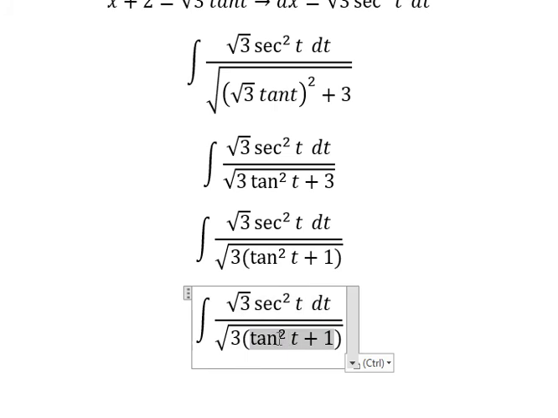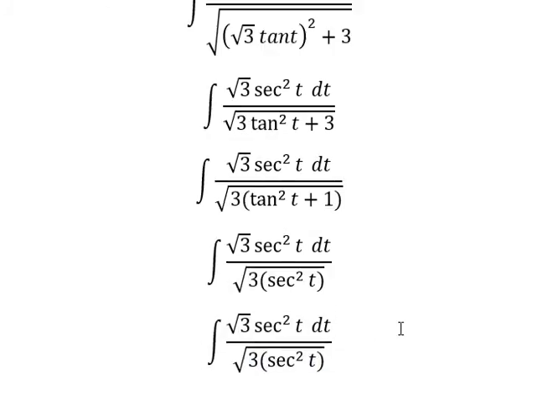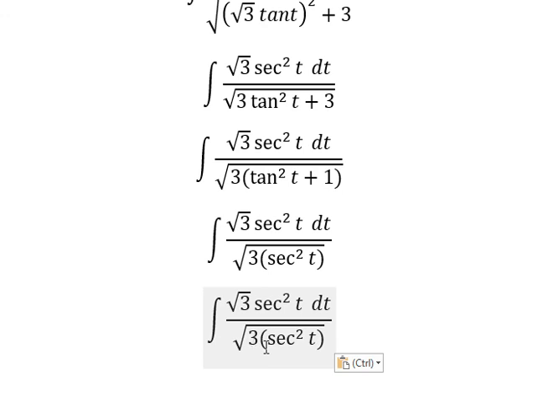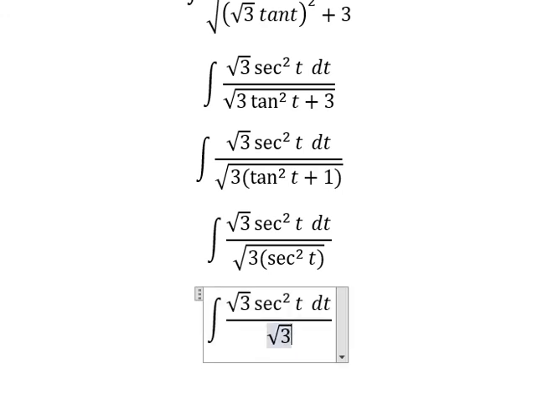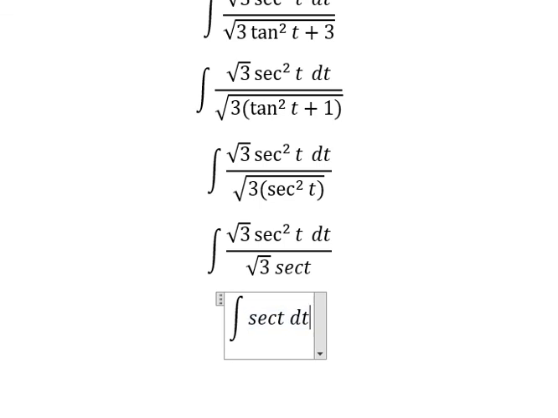And this one we change to secant of t square. The square root of number 3 secant of t square, we have the square root of number 3 and secant of t. We simplify, so we just have only secant of t dt.